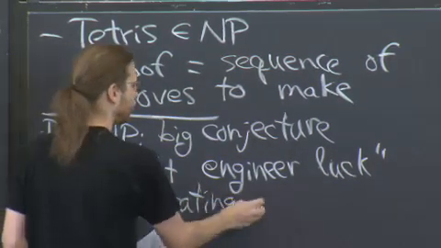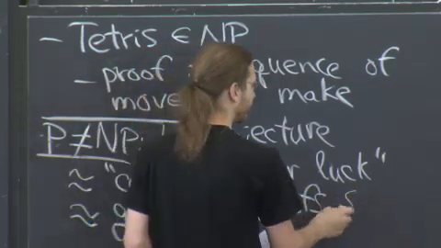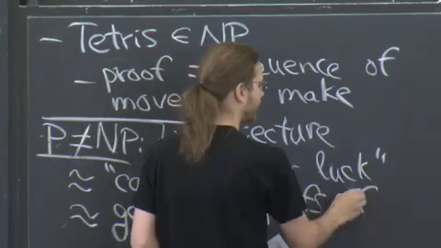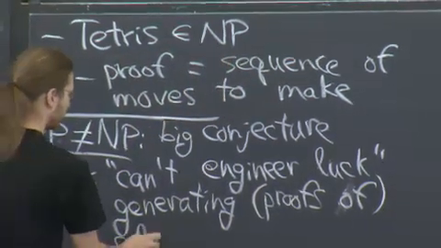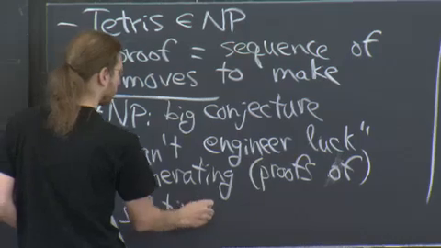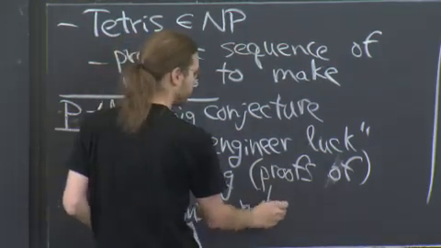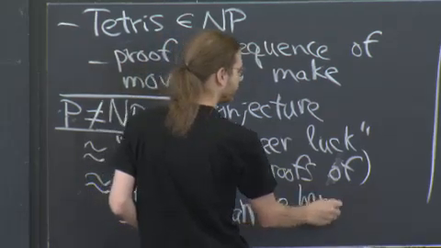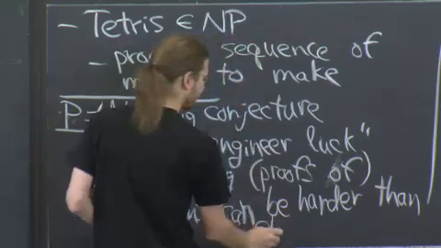Another phrasing would be that solving problems is harder than checking solutions. A more formal version is that generating solutions or proofs of solutions can be harder than checking them.